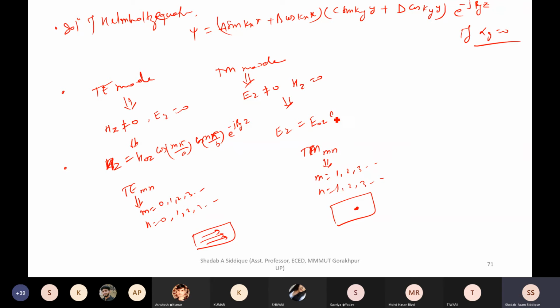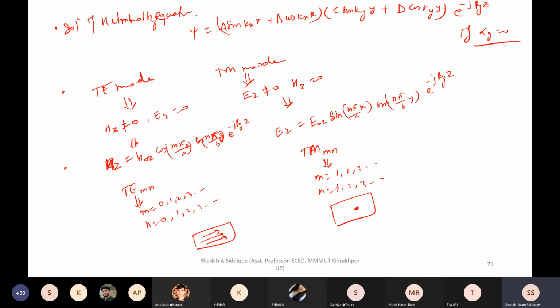It should be a sinusoidal function, sine m pi by a into x, sorry, it is x, and sine n pi by b into y, e to the power minus j beta g z. Yes, minus and plus depend on the direction of the propagation. Okay, so you should remember this.